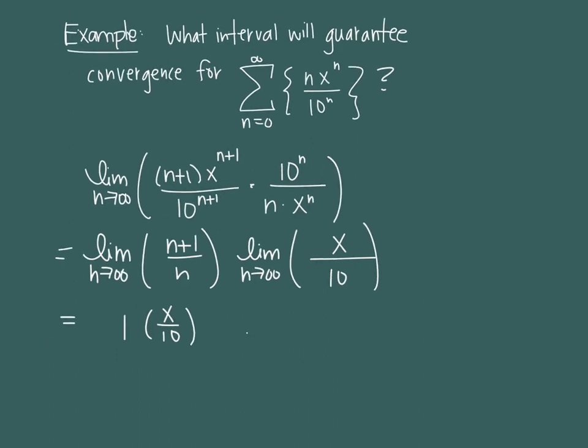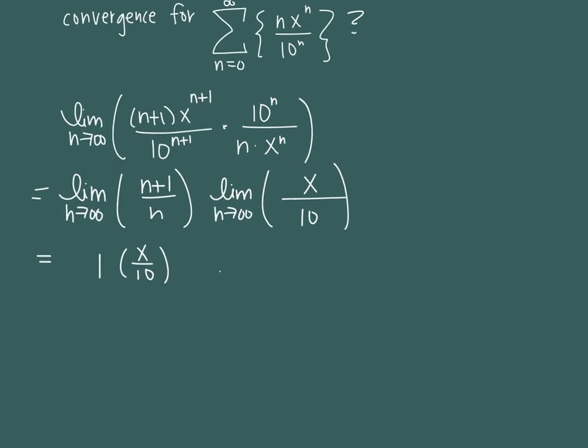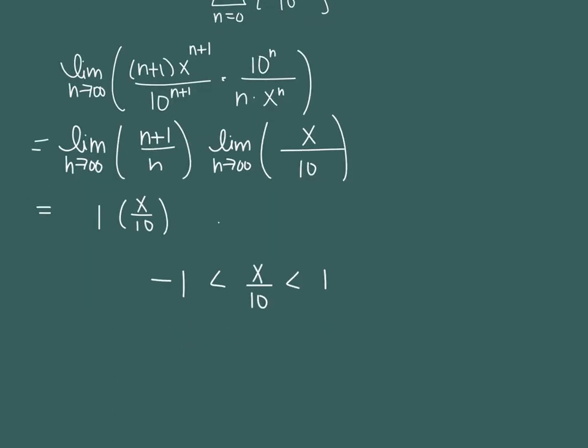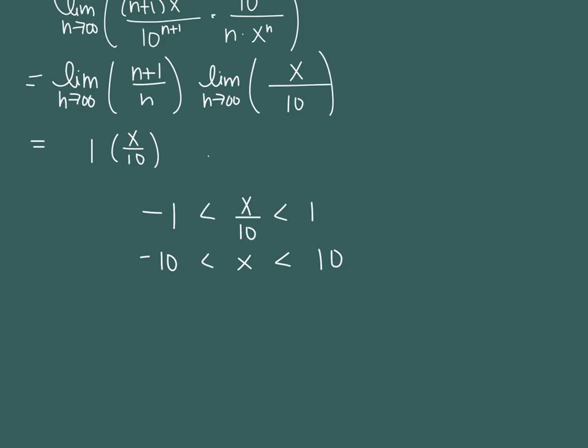Okay. The interval that will guarantee convergence needs to start with x over 10 being bounded between negative 1 and 1. See what I write, not what I say. All right, we multiply 10 to both sides. So now you can tell me where it's centered.